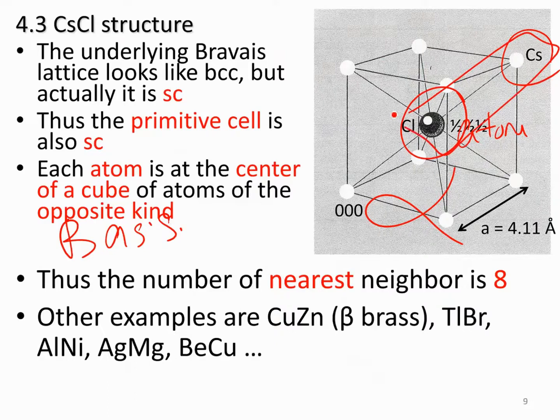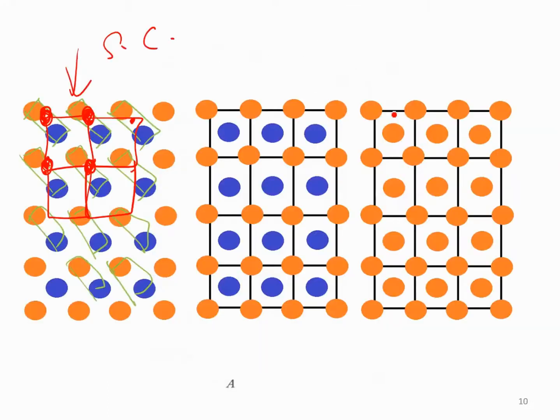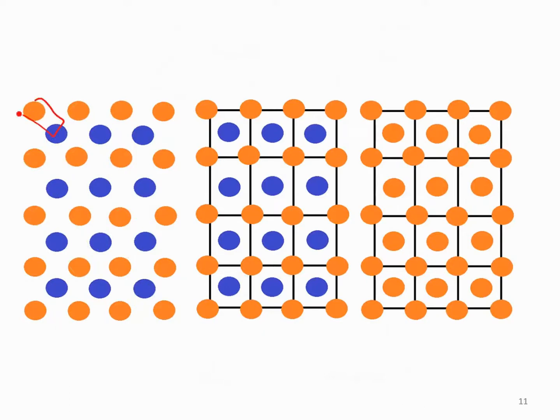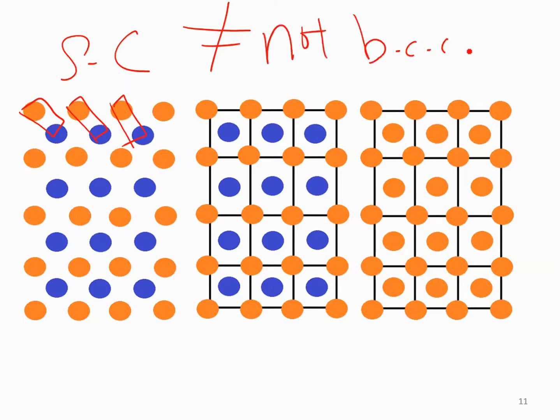So these two belong to one basic, just like this case in 2D. For CsCl, the underlying Bravais lattice should be simple cubic, and this is not body-centered cubic.